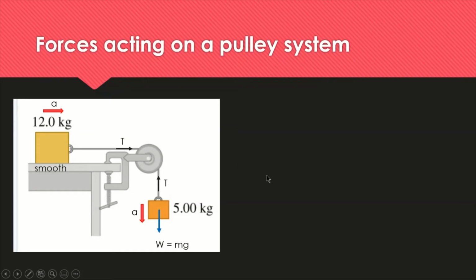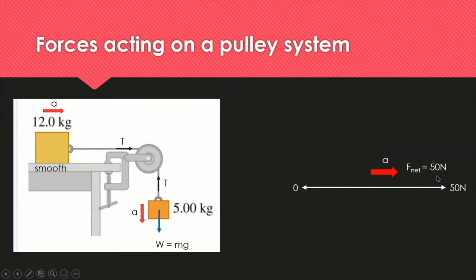So we straighten the rope. The net force is to the right, and it is equal to the weight of this small mass, and since the table is smooth, there is no force acting to the left, so it's 0.